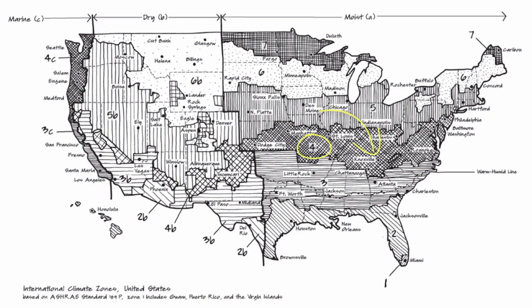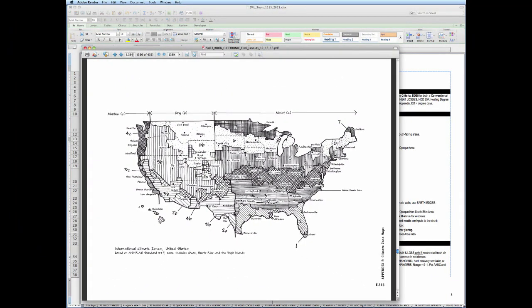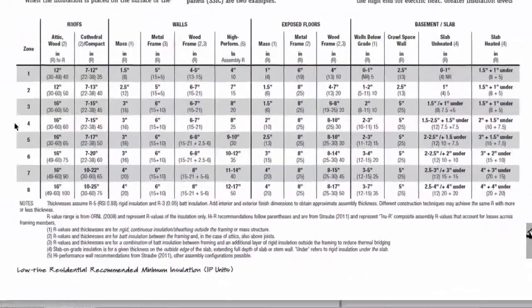That's a mixed climate, meaning that it has both heating and cooling needs, and it's on the moist or humid side of the country. So that would be climate zone 4A if you look it up on the associated table. Now let's go back to page E196 and we'll look at zone 4.